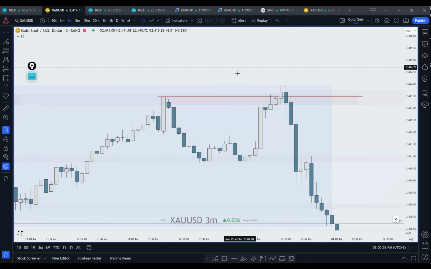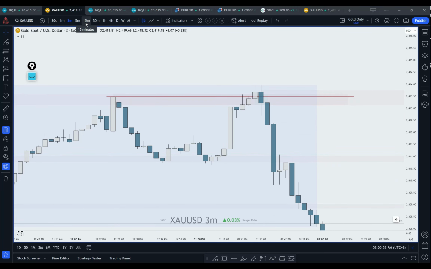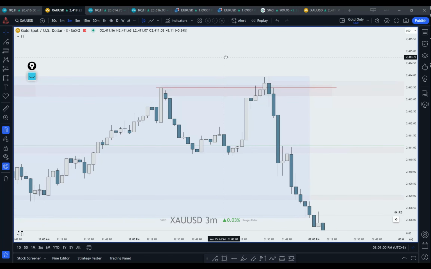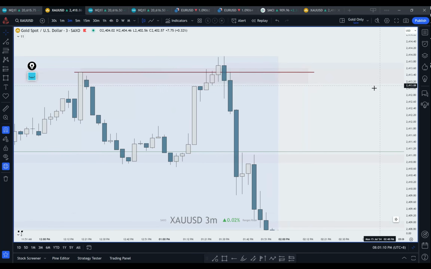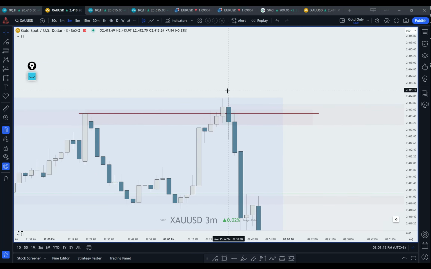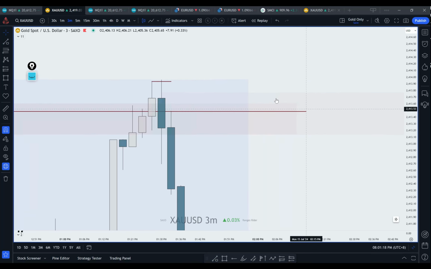Look here. So M15 versus M3 on this time frame. Look, this is the first candle which closed above this high. Okay, and the next candle will take the previous high. Can you see? This high is also taken and then closed back into the range.